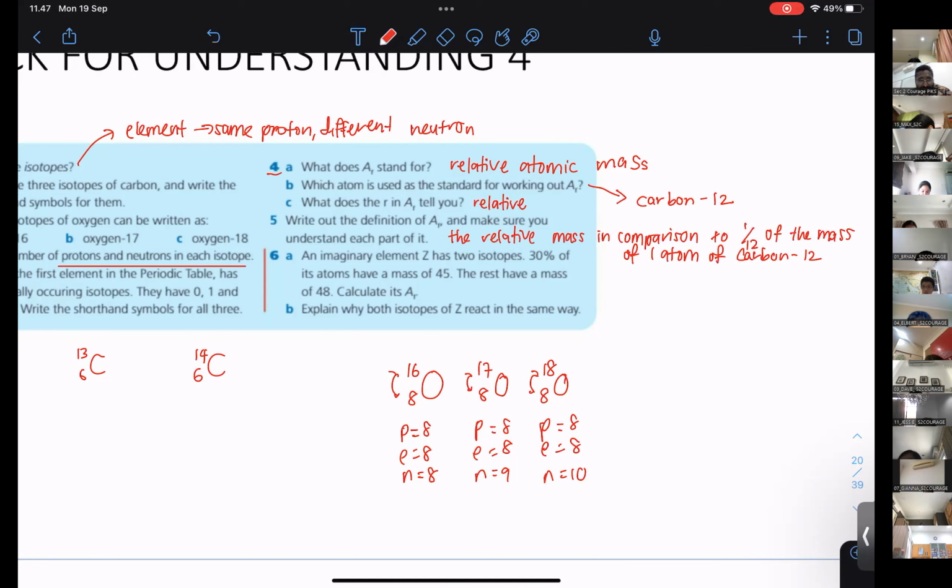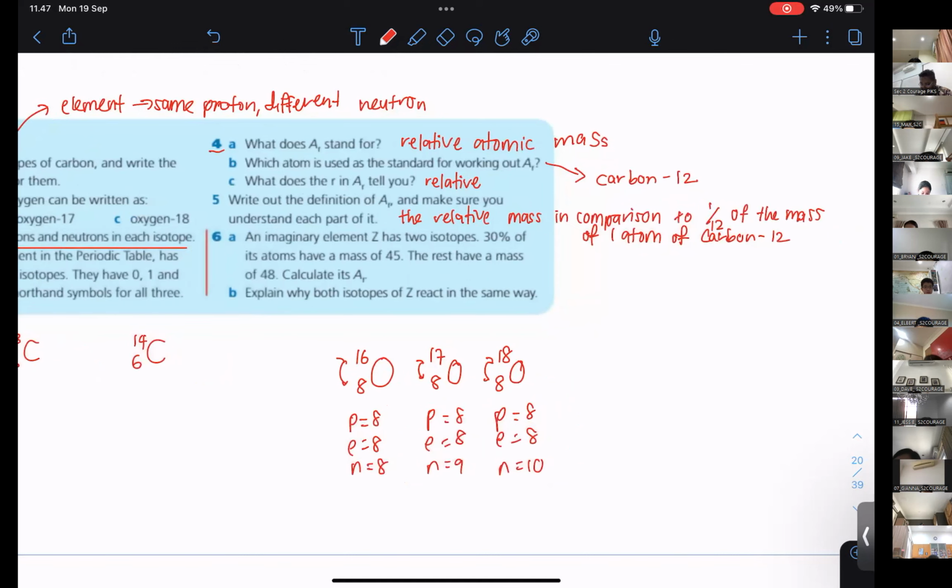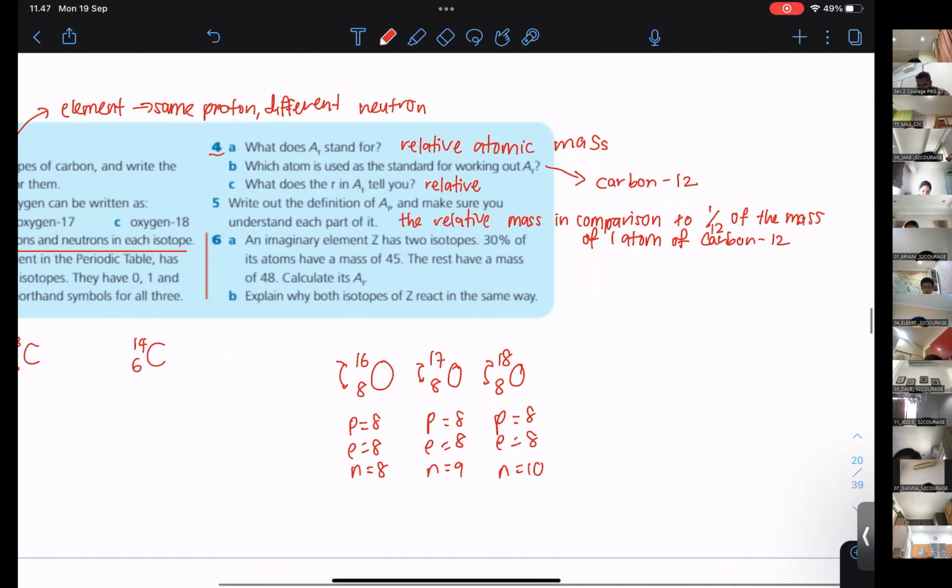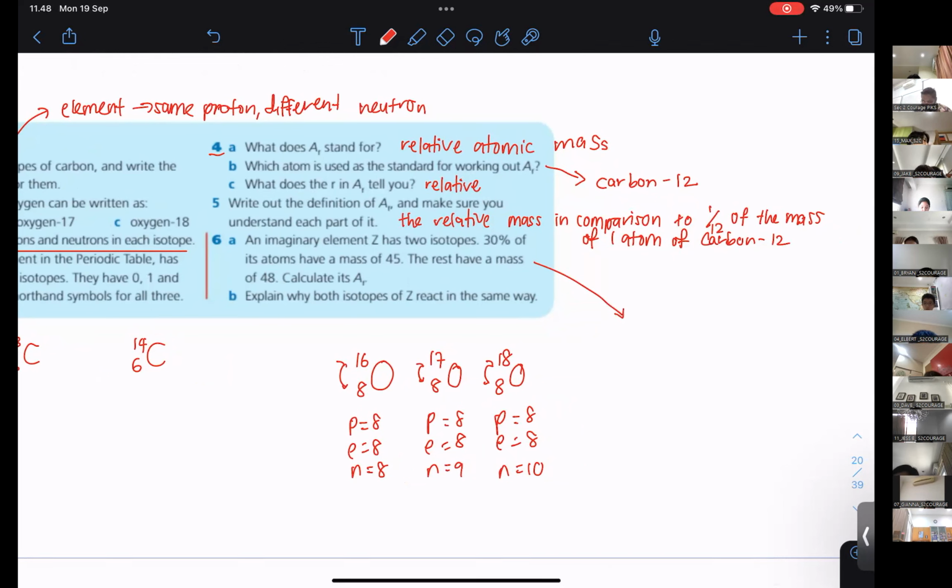An imaginary element Z has two isotopes, 30% of 45, the rest have 48. Calculate the AR. I know the bell has already rung, let me finish this here. If you have two isotopes, 30% means 30 out of 100, you times by 45.